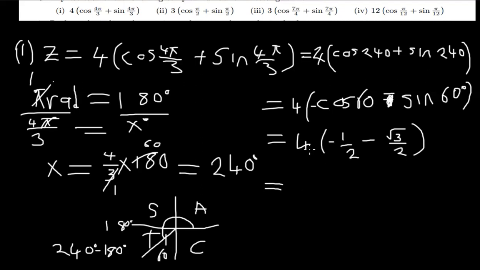So simplifying this, 4 times half, you get -2, and then there 4 times negative root 3 over 2, you get negative, oh sorry, I forgot to put I there.